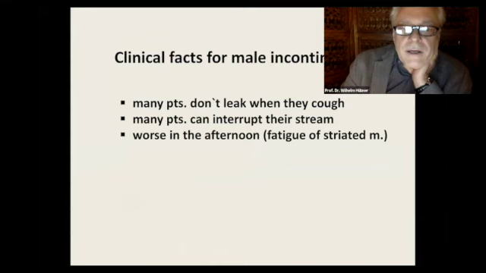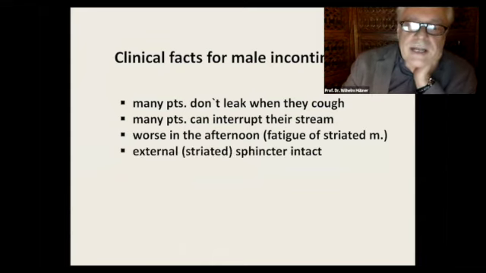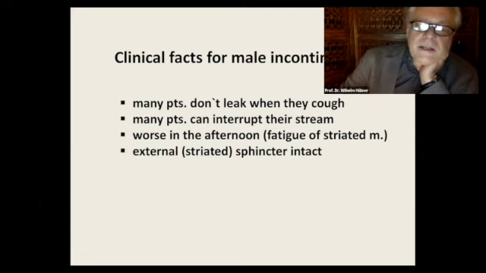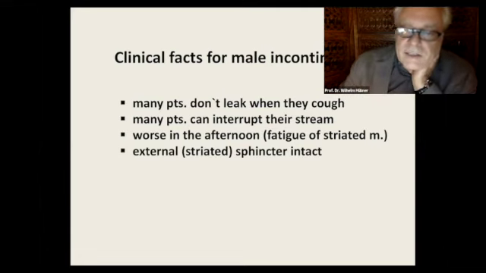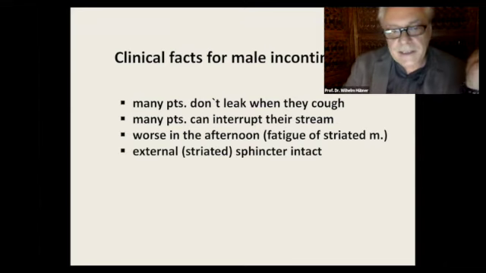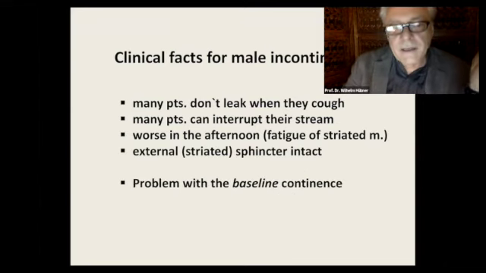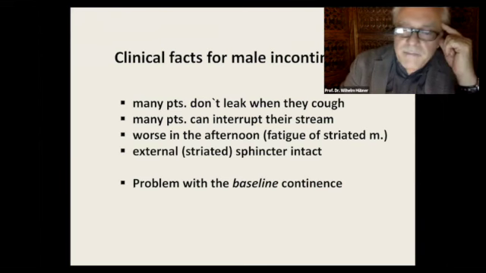These patients get worse in the afternoon. So what does this tell us? It tells us that the striated muscle is intact. The pelvic floor is intact, but still the patient is leaking. He is leaking because of a problem with his baseline incontinence, okay?